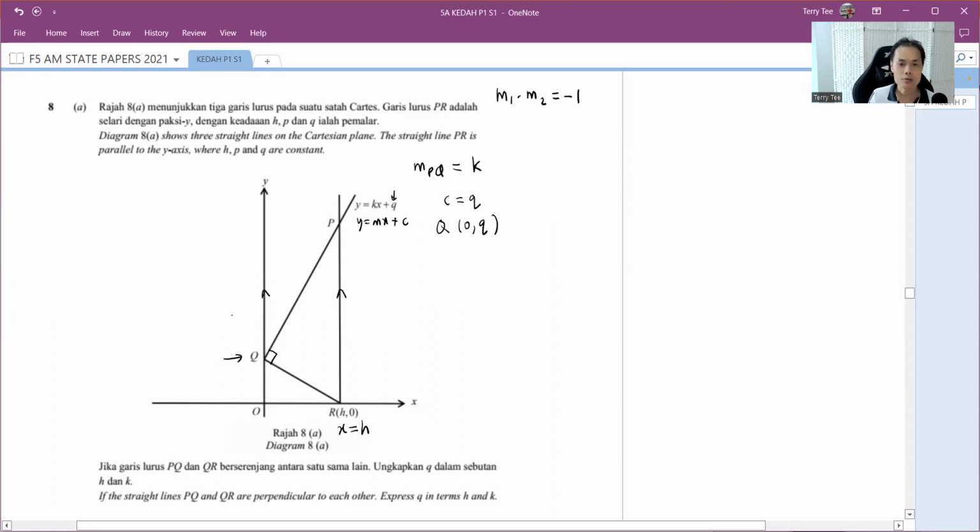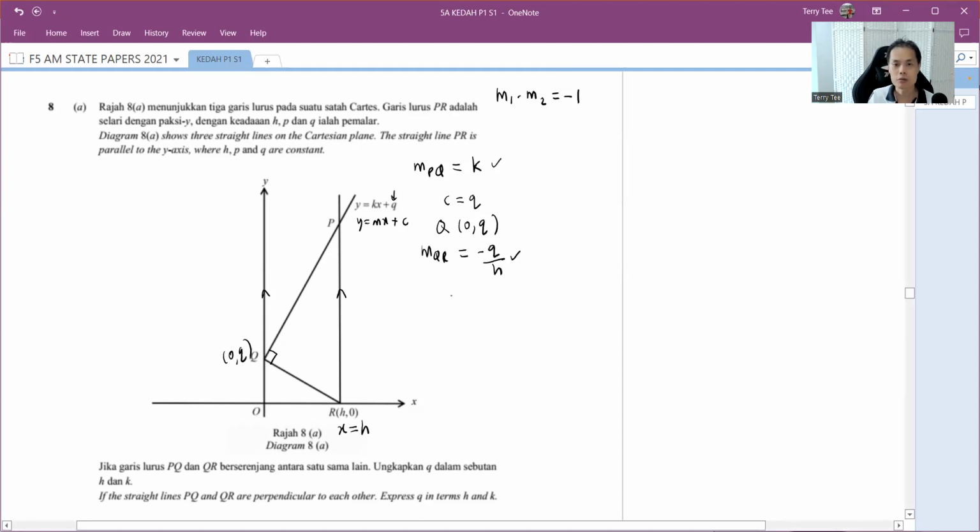I just want to let you know that my y-intercept is (0, q). Why is it important? Because to find the gradient of QR, I need to use negative y-intercept over x-intercept, which is negative q over h. Now, because I know these two lines are perpendicular, the gradients multiplied together must be -1.